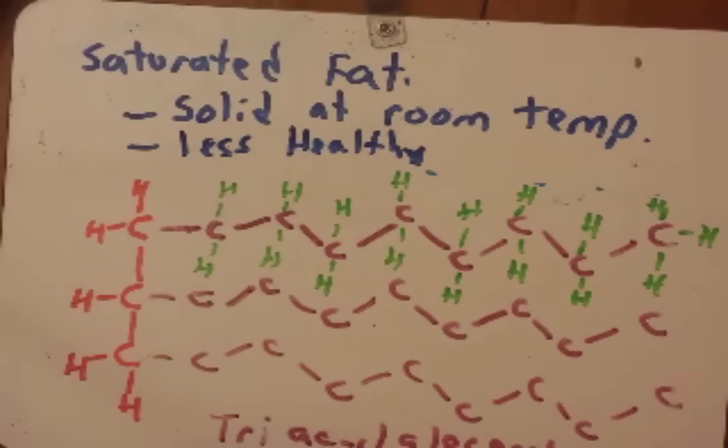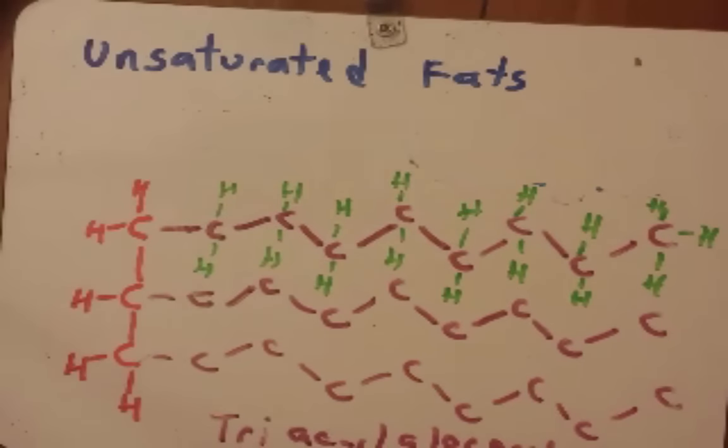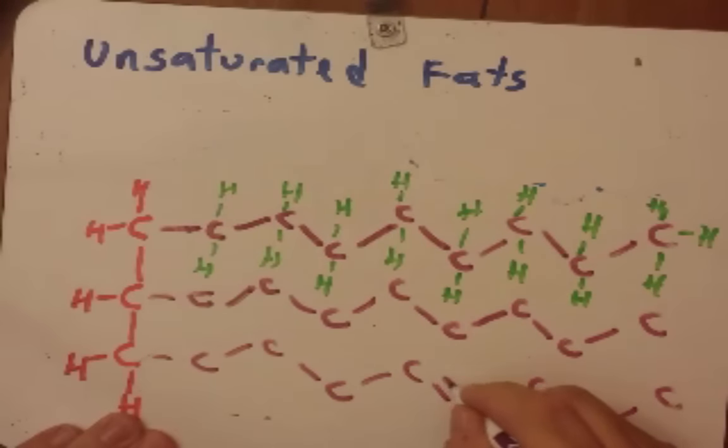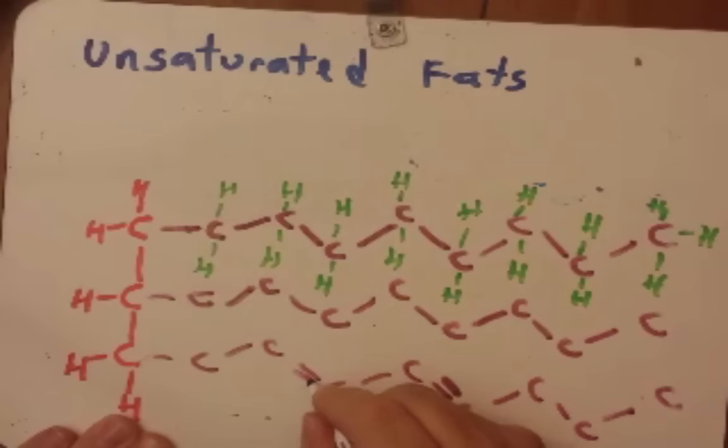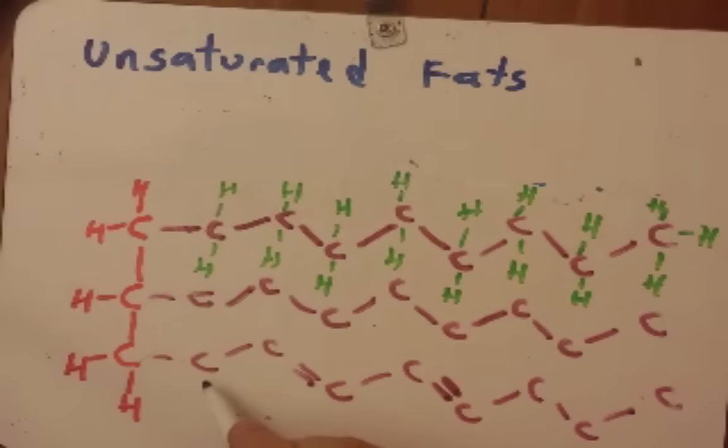Now let's use this same diagram to talk about unsaturated fats. As we said before, saturated fats are saturated because the carbons are saturated with hydrogens. So let's, on the bottom strand here, talk about how we can make this saturated fat into an unsaturated fat. Essentially we do that by making at least one double bond here. We could have two double bonds, but when that happens, we reduce the carbon's ability to bind another hydrogen.